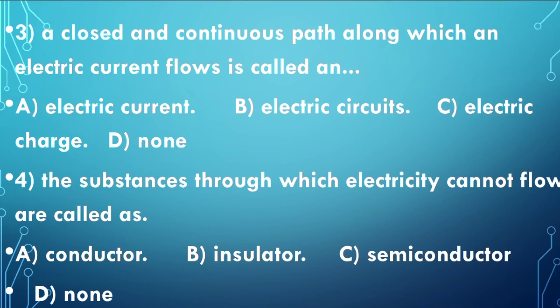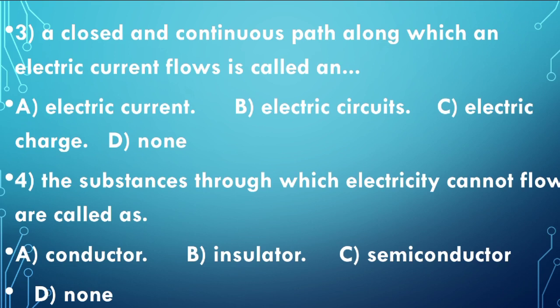So the answer will be electric circuit, because it's a closed circuit. I think you know how to draw a simple circuit diagram, right? Electric circuit means a closed circuit in which the bulb and a battery are connected, right? So the answer will be electric circuit.